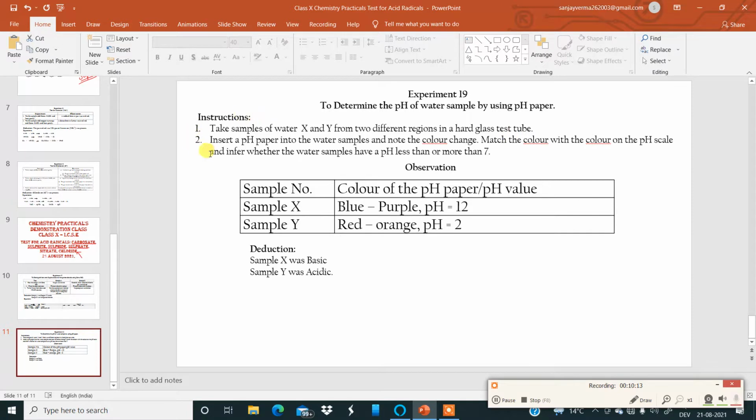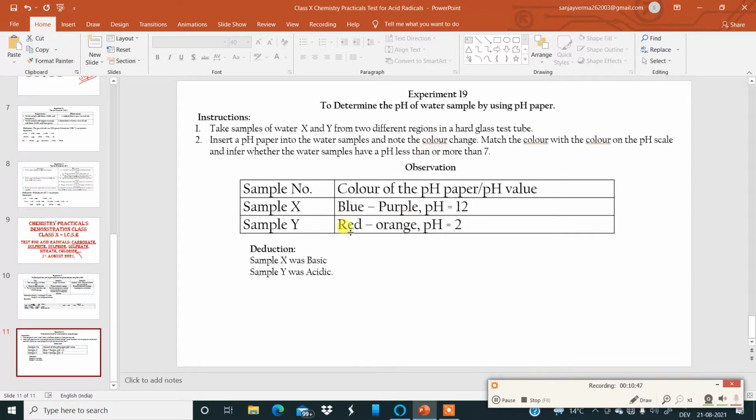Now I will insert a pH paper into the water samples and note the color change. I will match the color with the color on the pH scale and then infer whether the water samples have a pH less than or more than 7, and accordingly I will do the observation for sample X and sample Y. For example, for blue color the pH is 12, which means the sample is basic.